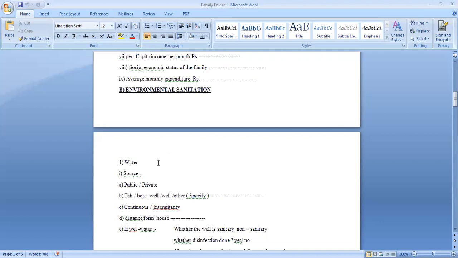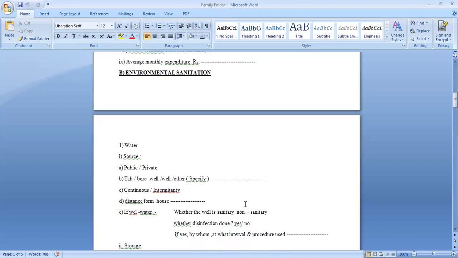So we have to take the first important thing, that is water, and you have to inquire about the source of this water supply, whether it is public or private. Then you have to name here the exact source, whether it is a tap or bore well or well or any other source of water supply. This you have to mention here.